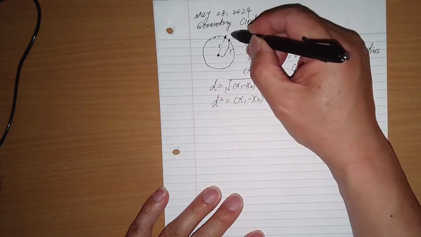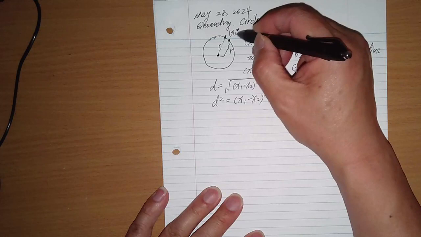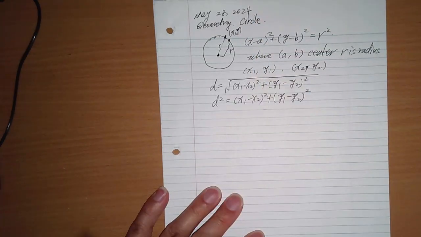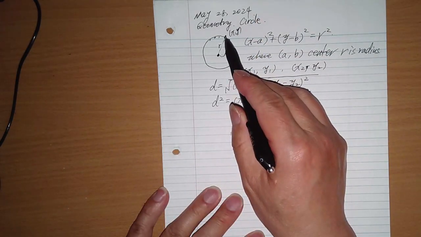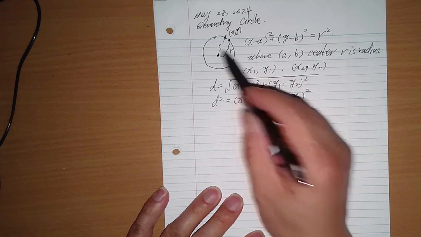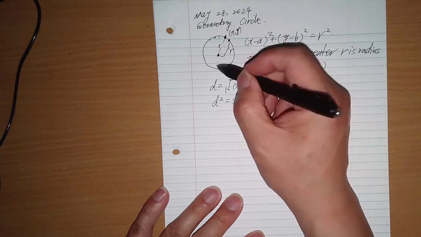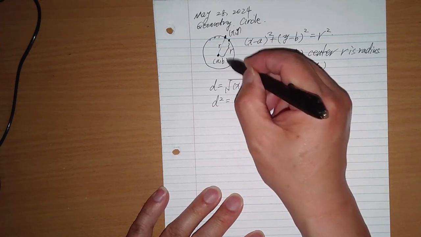Here, let's say this is a random point right here. This is the coordinate, let's say it's x, y, because that's one of the random points we pick from the edge of the circle. The center is what we listed right here, that's a, comma b.